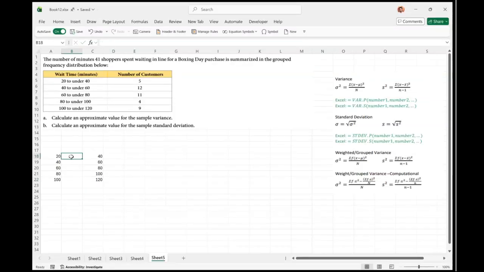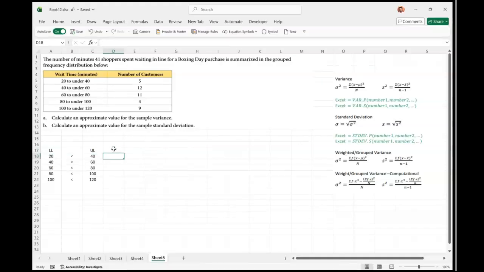And then let me put these arrows in between. Okay, and home, bring it to the middle. This is the lower limit, and this is the upper limit.